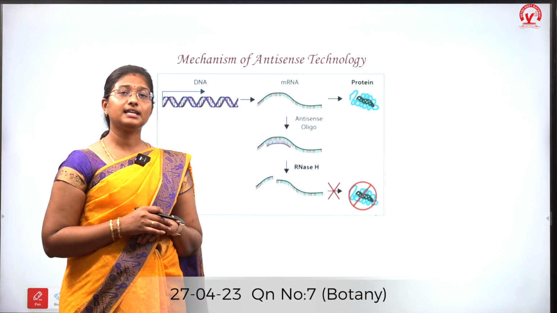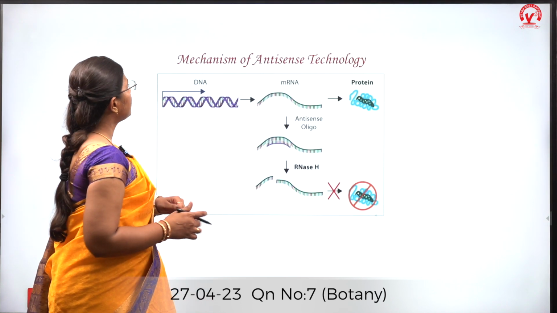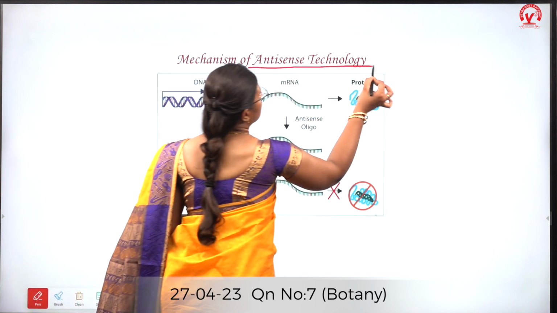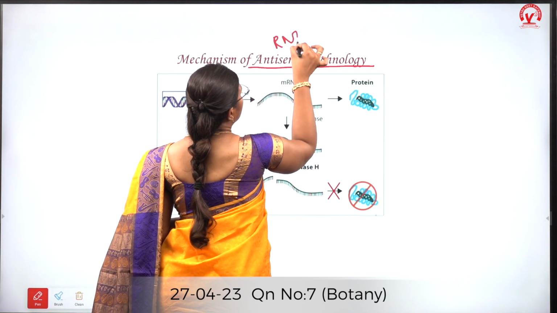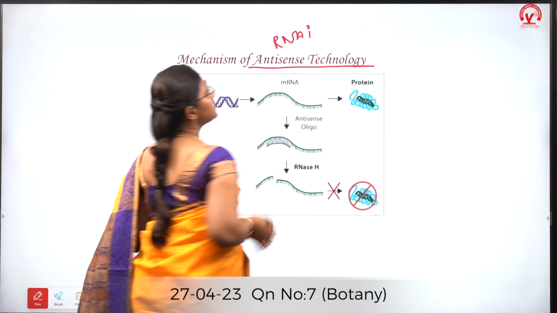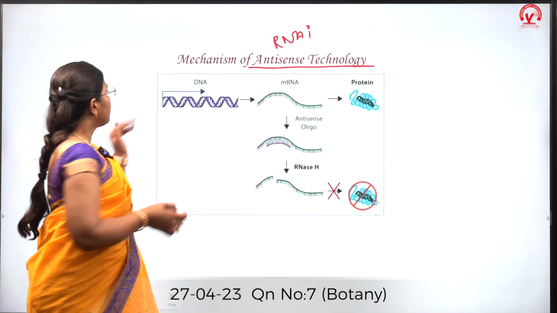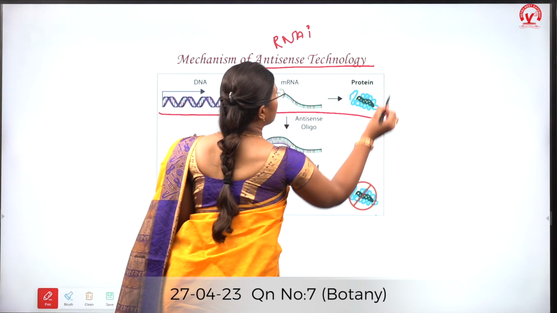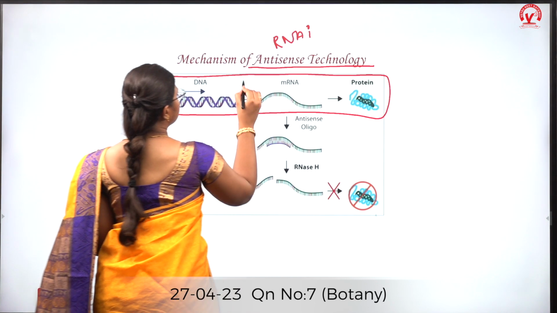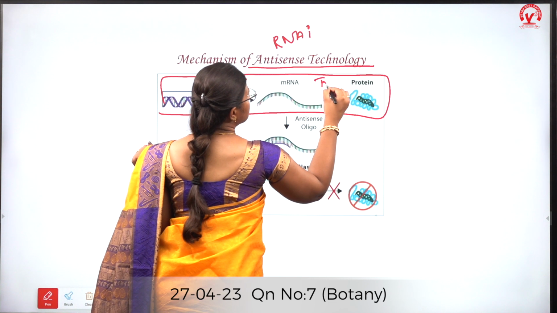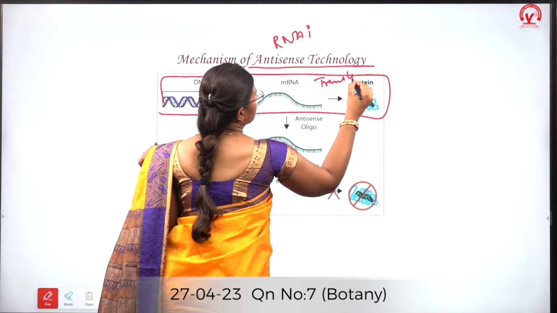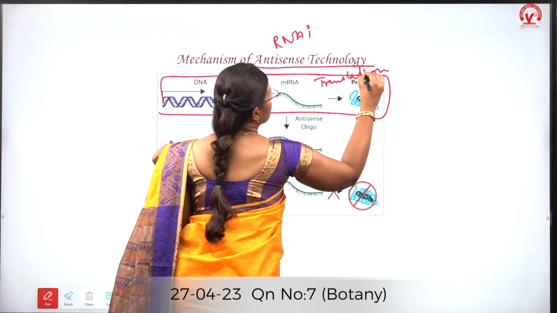In that case, we use either antisense technology or RNAi, which is RNA interference. So what happens here? We know that the central dogma is transcription and translation, isn't it?